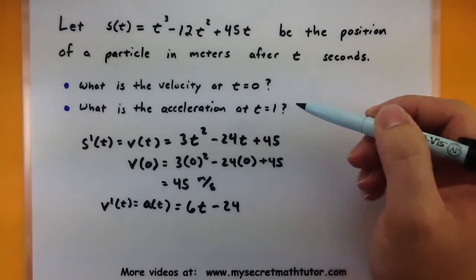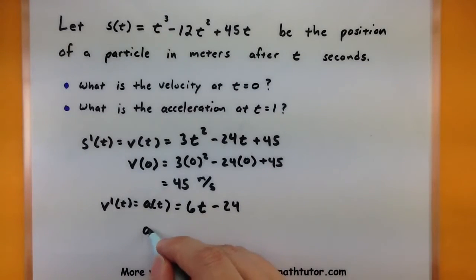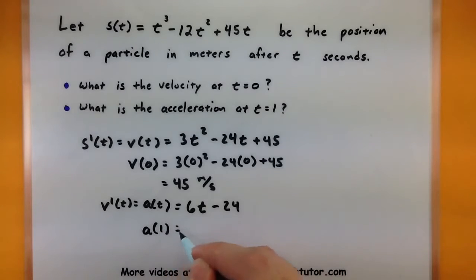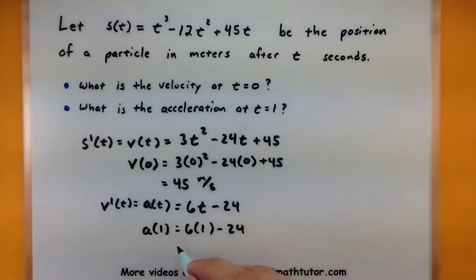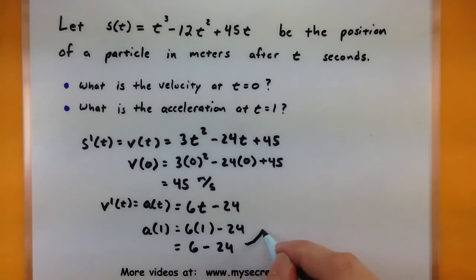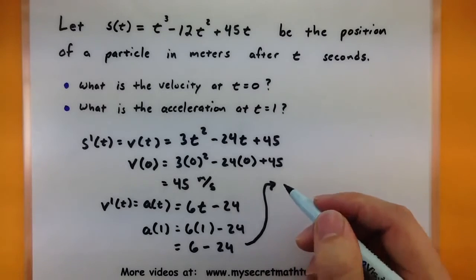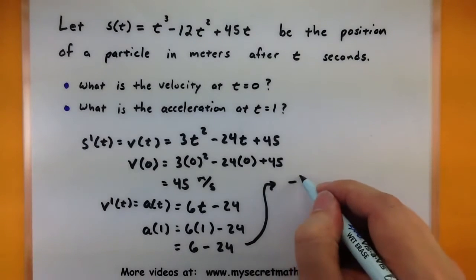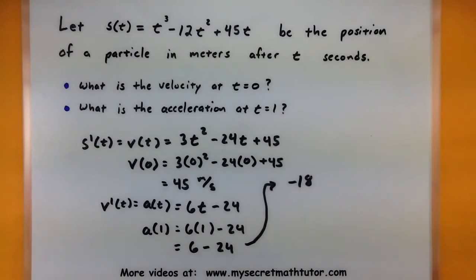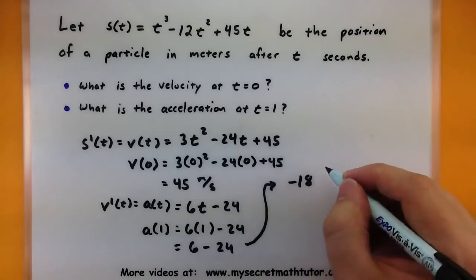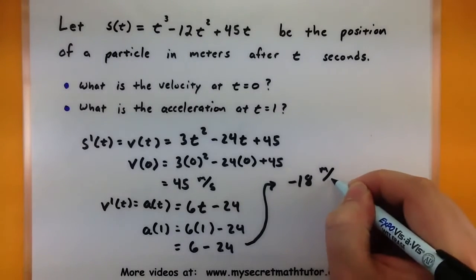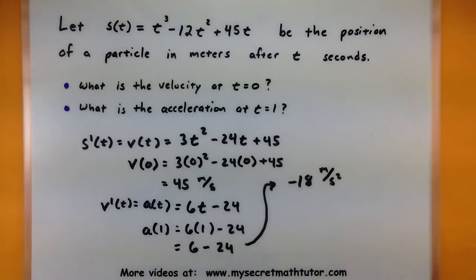We can figure it out after 1 second by plugging in a 1. 6 times 1 minus 24. 6 minus 24. Let's write this up here. Negative 18. All right. And I'll label this in meters per second squared. So this is our acceleration.